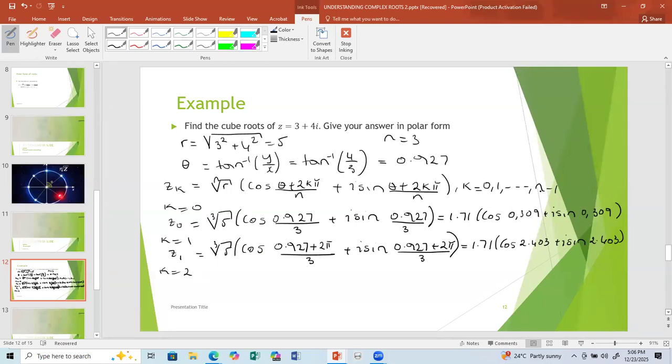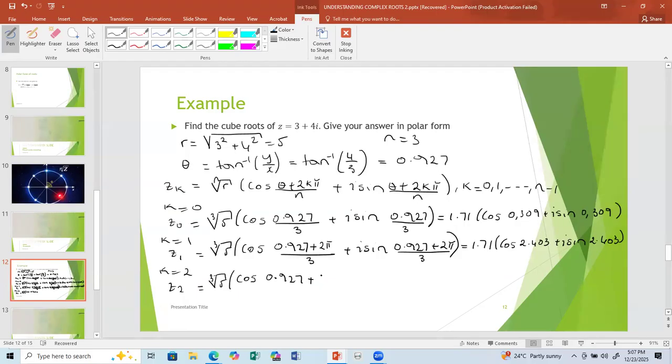Okay, when k equals 2, remember this is the last one, it's up to n minus 1. N is 3, so 3 minus 1 is 2. So we have the last one, which is k equals 2. Our third root, z2, will be equal to the cube root of 5 times cosine of 0.927 plus, we have 2 here, 2 times 2, 4.